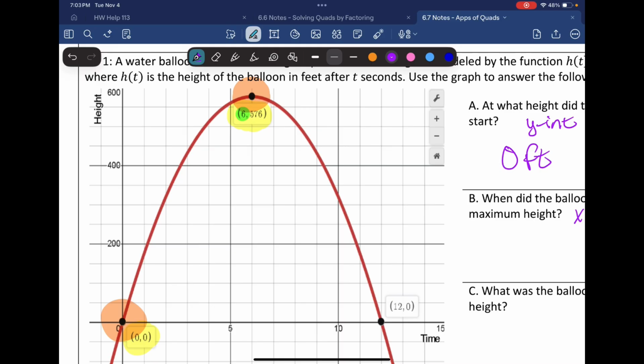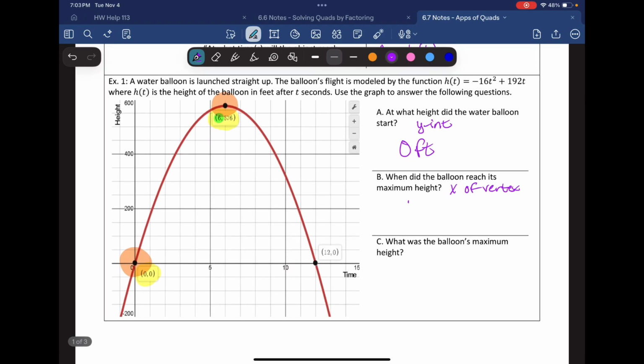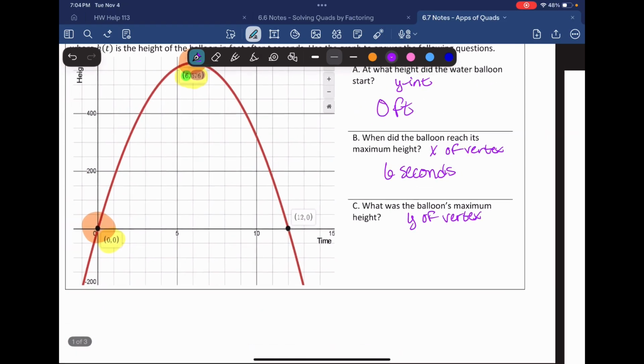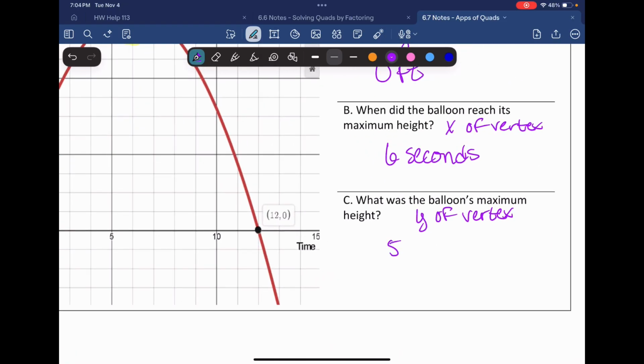So it took 6 seconds to reach the max height. What is the max height? This is the y of the vertex. I've already used the x, so this is my y. It made it to 576 feet.